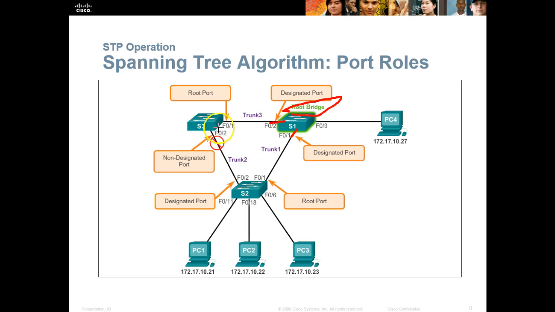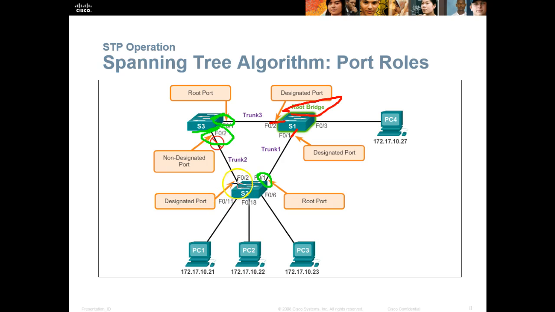In this case, 02 over on S3 is determined to be a non-designated port. So the designated port and the port for S3 is a root port. Now, the port for S2, 01 is the root port because it's the closest one to the root bridge.